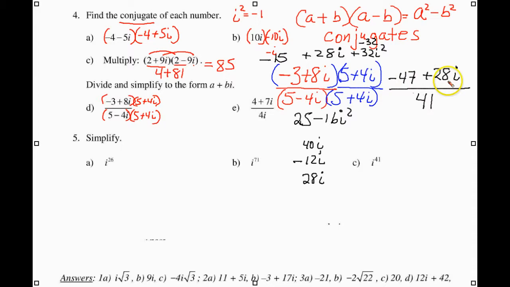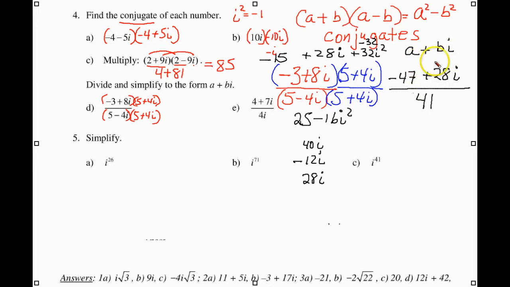Now, as we look at that, and if you double check all the work, and if you check down below, it looks like that, but not quite like that. We got all the right parts. The thing is, this is not in the form of a plus bi.